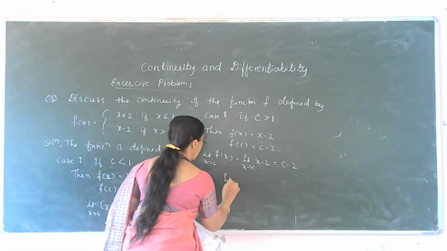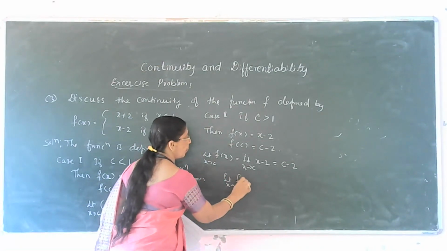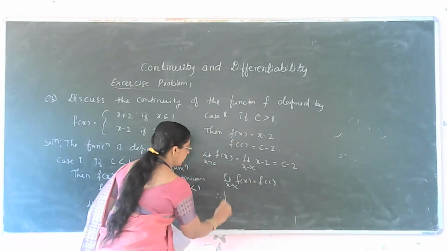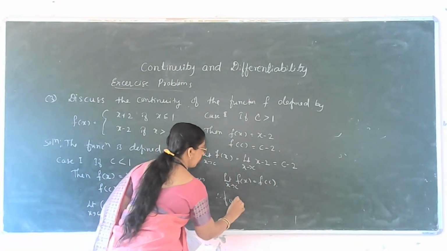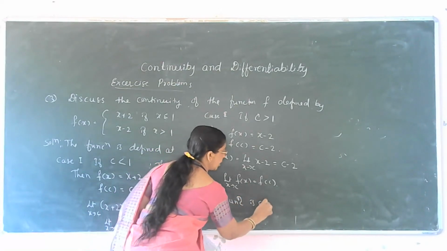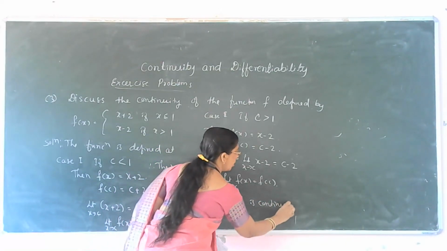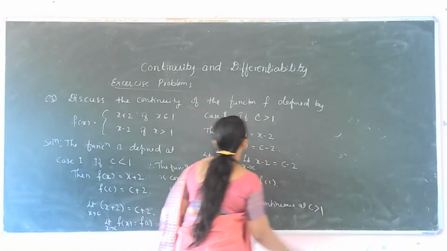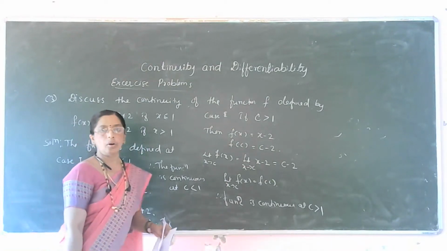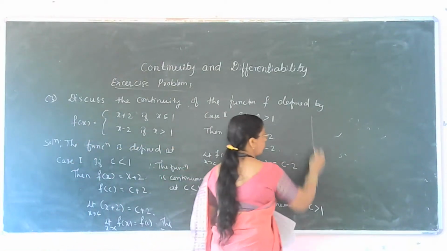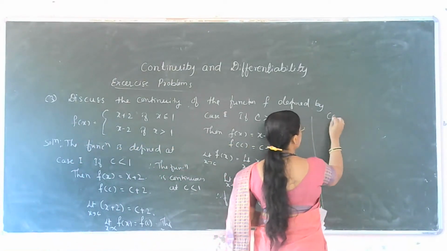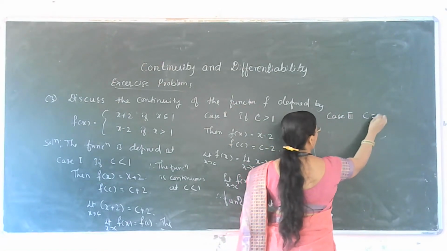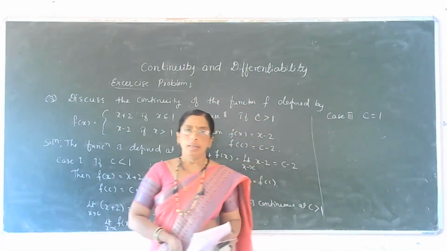Here also, the limit as x tends to c of f of x is equal to f of c. Therefore, the function is continuous at c greater than 1. Now we have to check the function at c equal to 1.